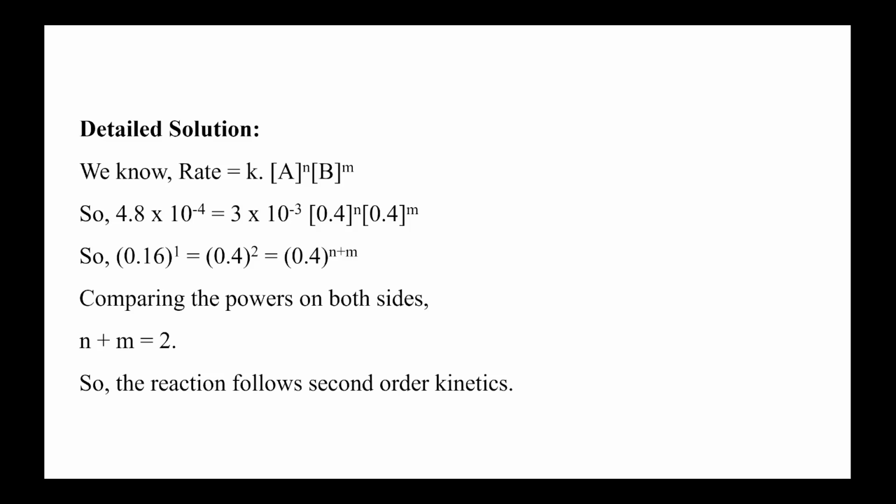And if you take 3 into 10 raised to the power of minus 3 to the other side of the equation, you will get 0.16, that is 0.4 whole square. So the value of n plus m comes to 2, and that is the order of the reaction. That means the reaction follows second order kinetics.